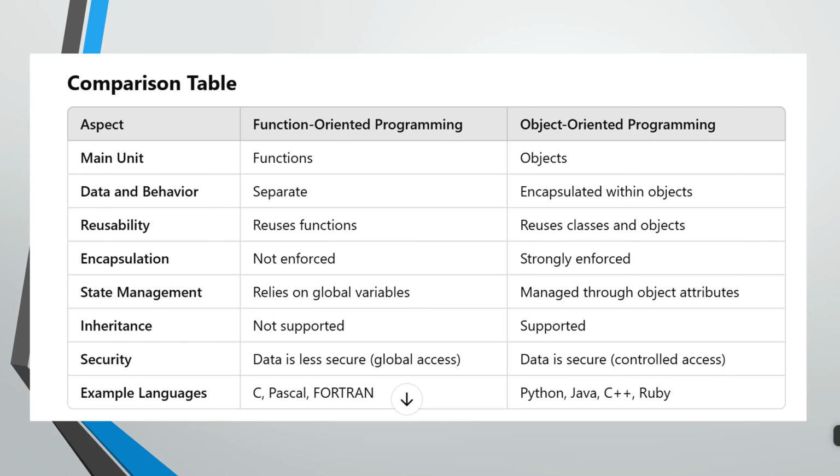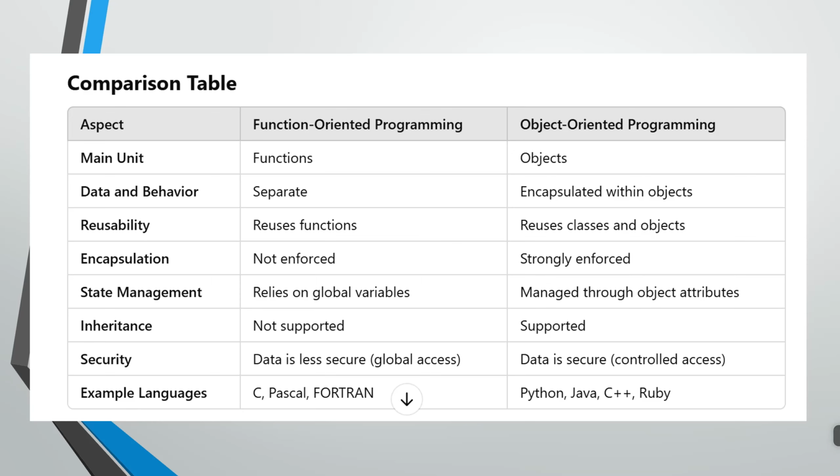Now, state management. Normally, function oriented programming relies on global variables. So it depends upon some of the global variables. But when it comes to object oriented programming, it manages state through object attributes.